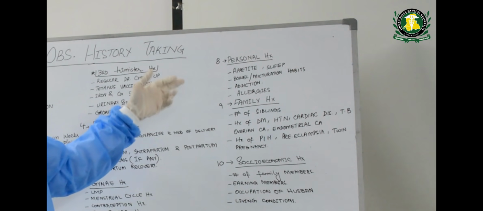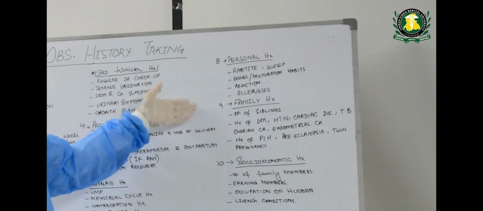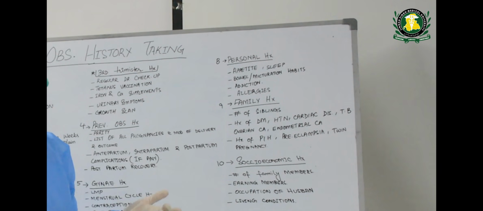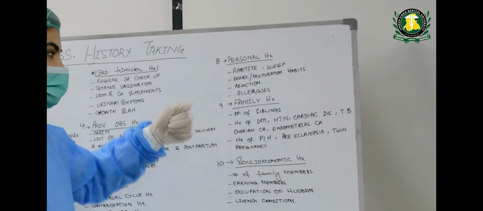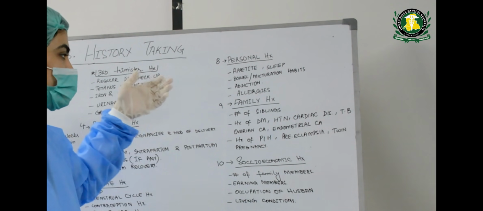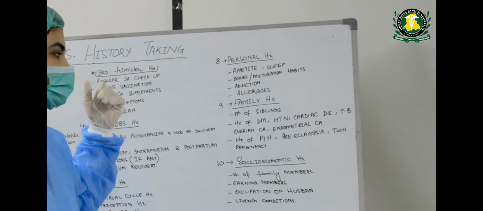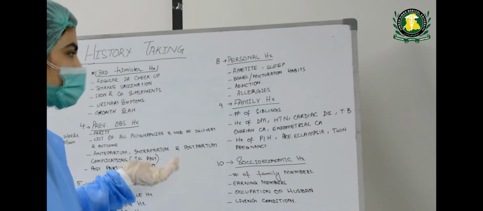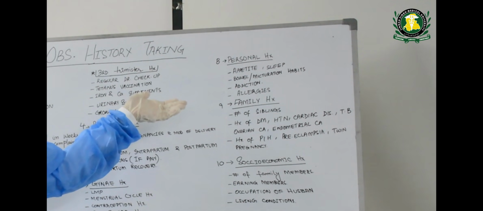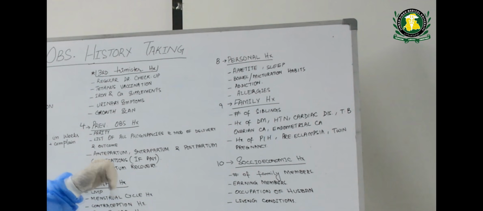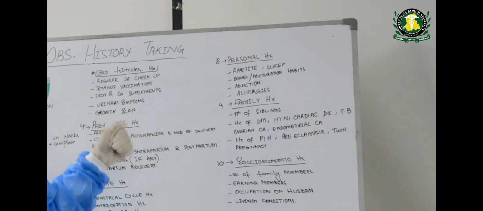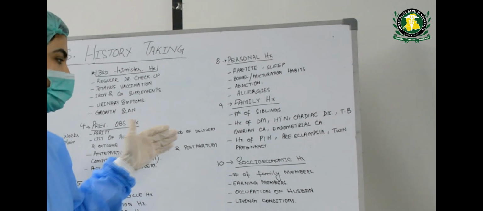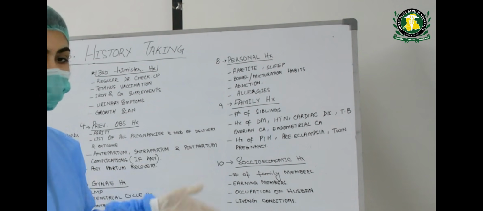And in the ninth component, that is the family history, we will ask the patient about her parents' status, whether they are alive or not, and the number of siblings, history of any disease in the family, like PIH, preeclampsia, twin pregnancies, and history of diabetes mellitus, hypertension, cardiac disease, tuberculosis, ovarian cancer and endometrial cancer in the family. And the last component, that is the 10th component, is socio-economic history.